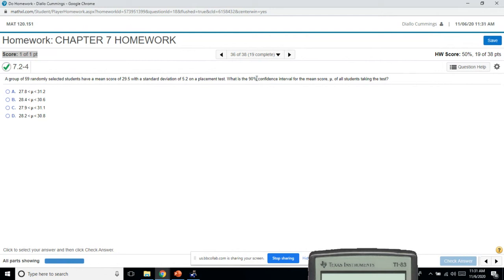With the confidence of 90% given, we want a 90% confidence interval for the mean score of all of the students. So in this case, the population standard deviation is unknown. We're going to use a T interval.